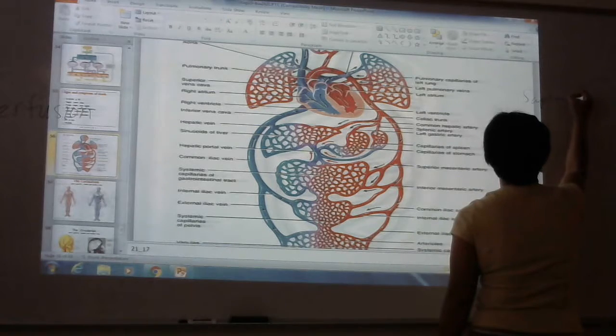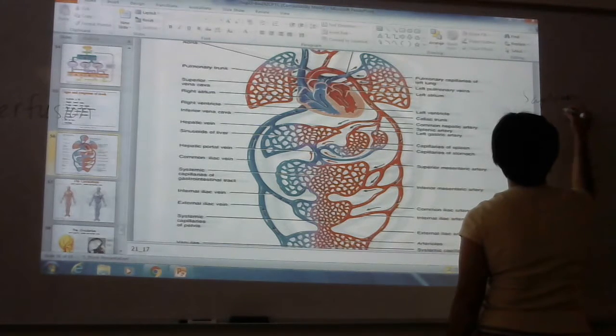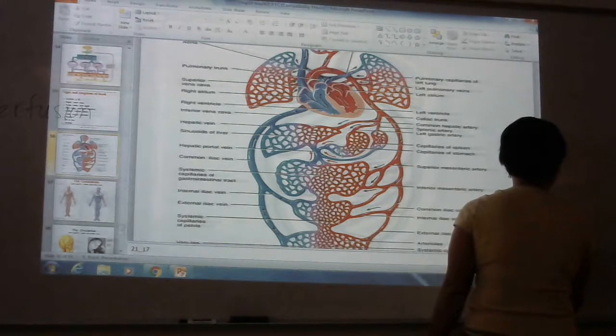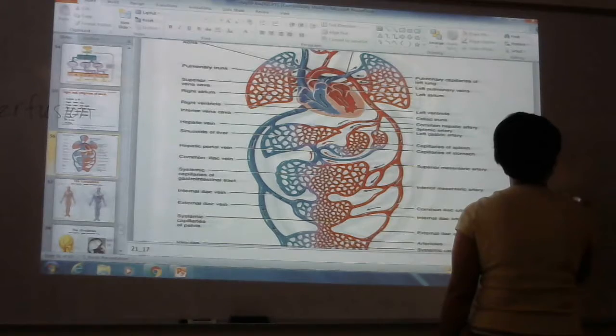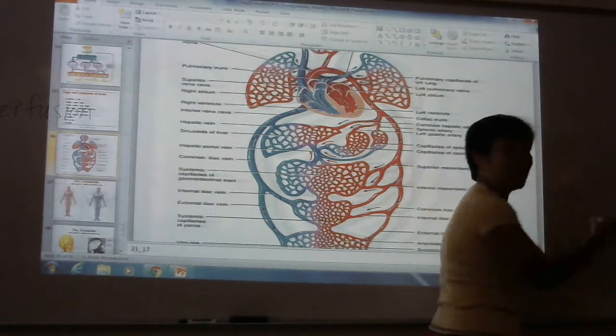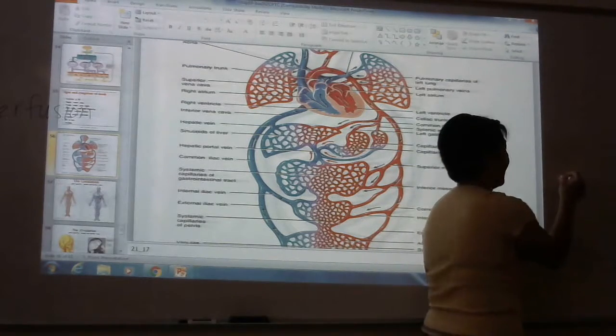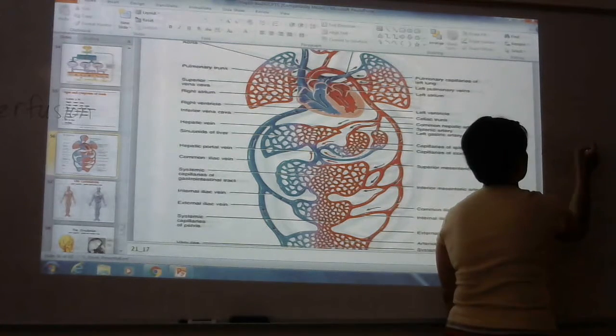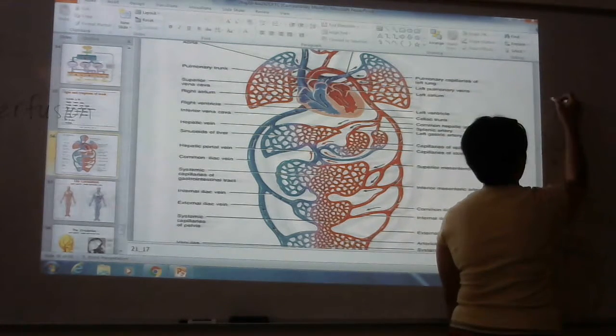Then next, going up, because it's supposed to go up to the heart, right? From the saphenous vein, what's the next vein? Popliteal. Okay, next. Remember, veins are big, right? Okay, next. Okay, good. Next. Very good.